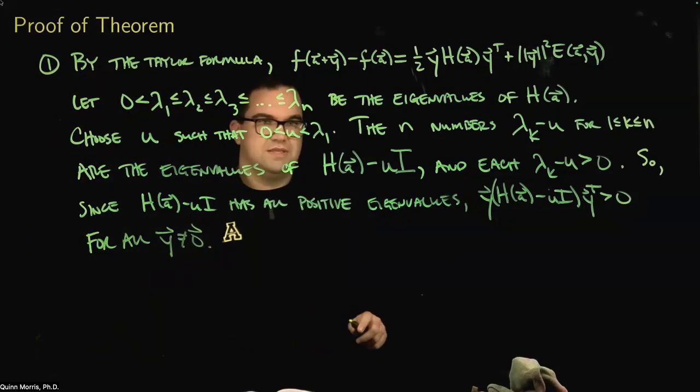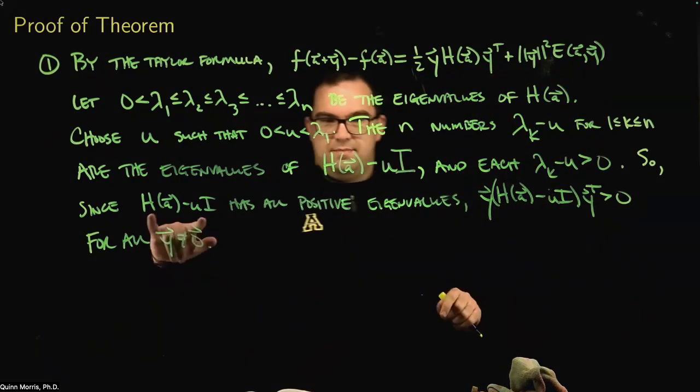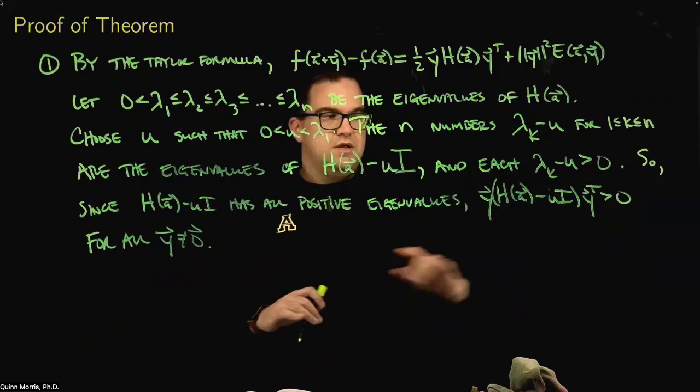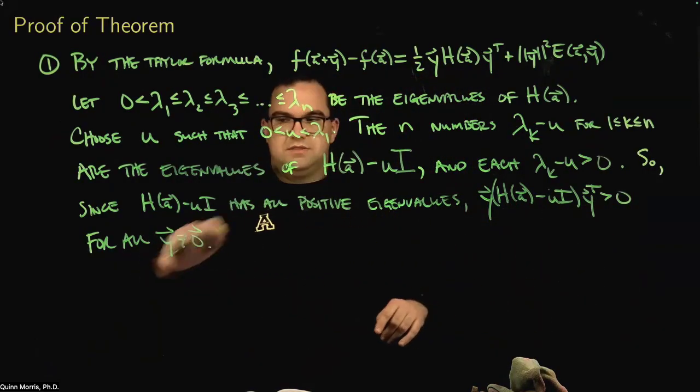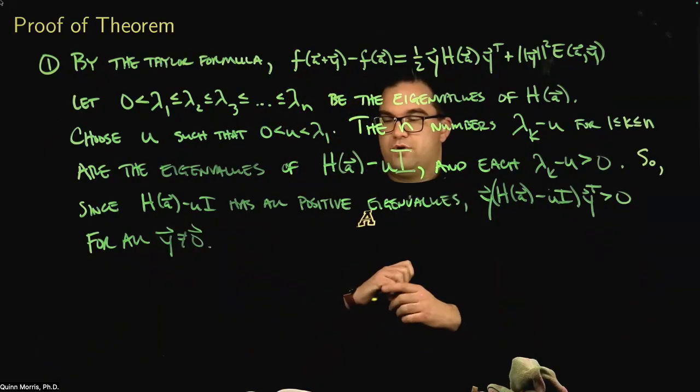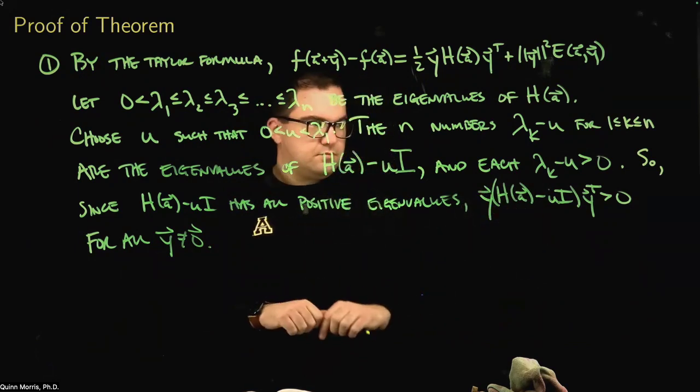Okay, so this is just using that theorem about the sign of quadratic forms. This is a matrix with all positive eigenvalues. Therefore, the quadratic form associated with this matrix is always positive for all non-zero y.